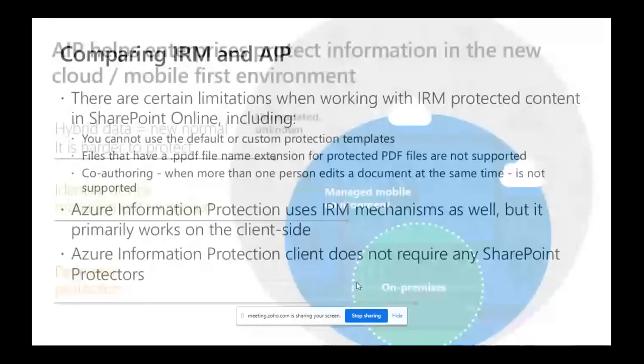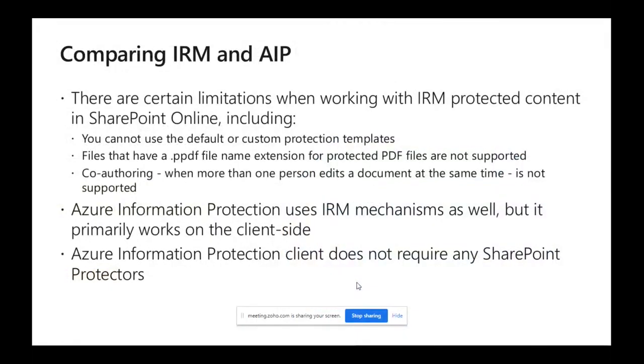Now, comparing information rights management and Azure AIP, we cannot criticize any feature of the technology. However, we can always overcome the challenges one has to offer with the other. Like with AIP, there are certain limitations when working with IRM.